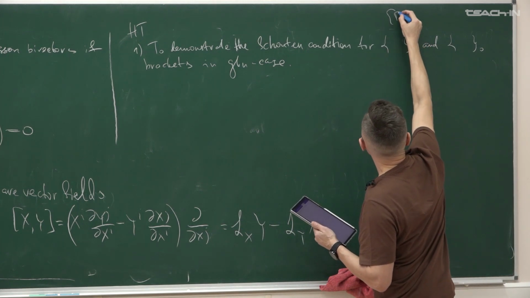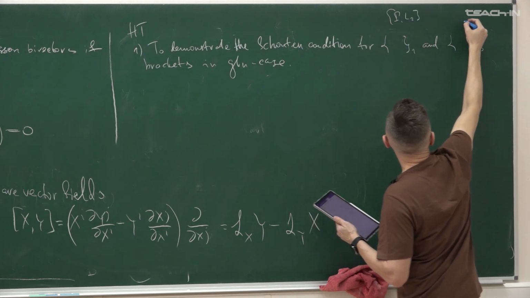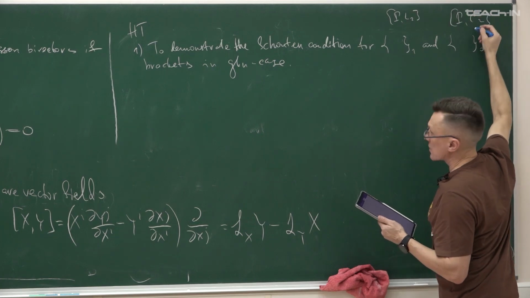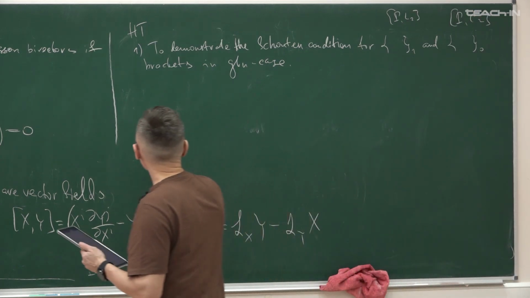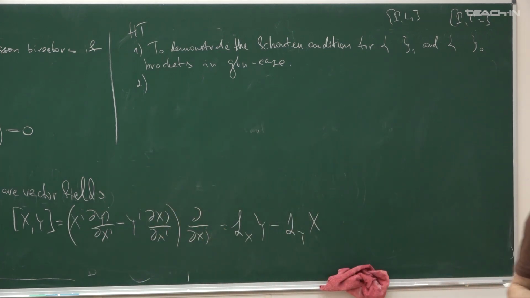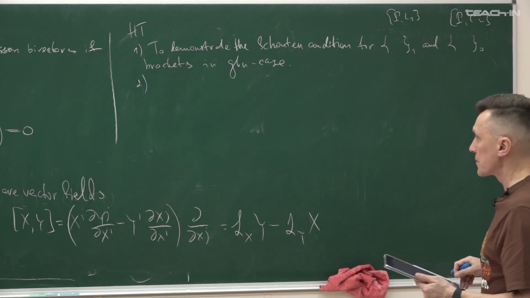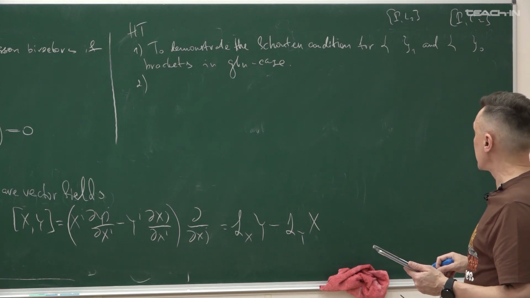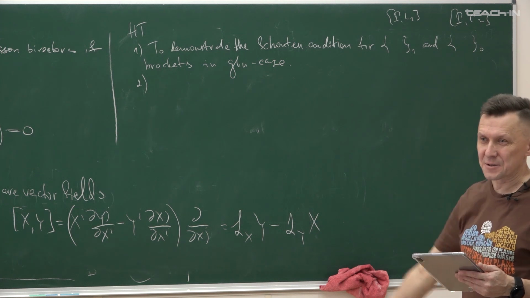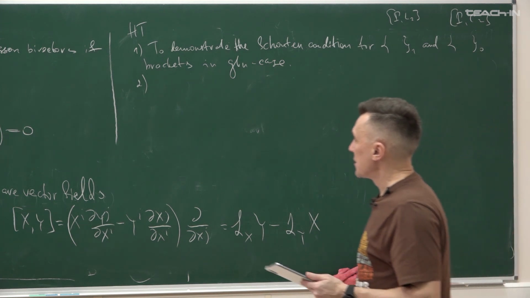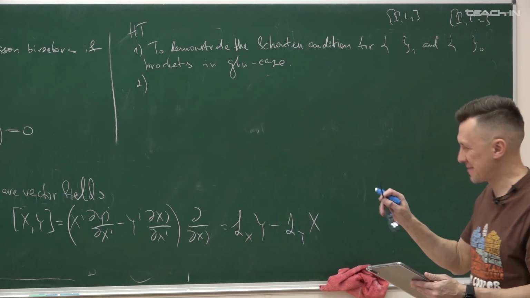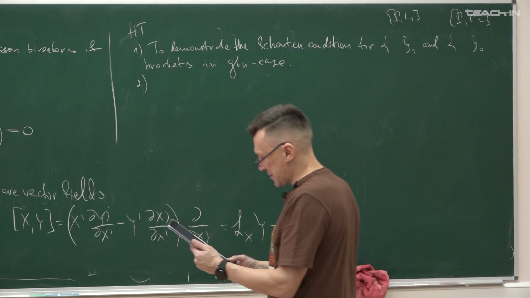This is just PL2. This is PC2 or something, for some coefficient. So I demonstrated that they're compatible, but it is very good to demonstrate it just directly considering this Schouten bracket between two brackets. Very good exercise.